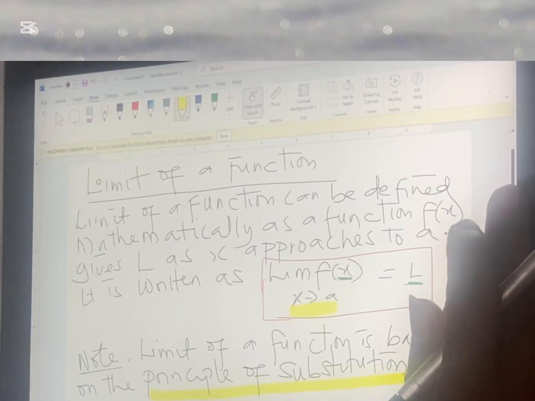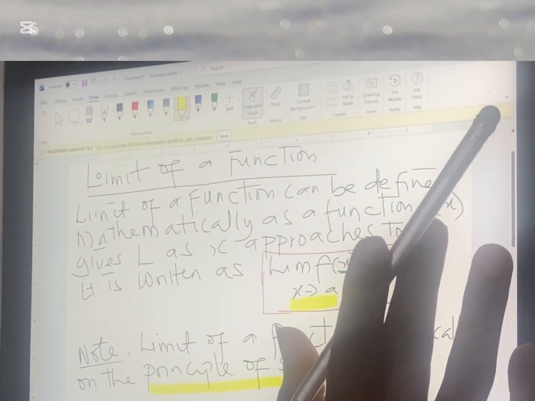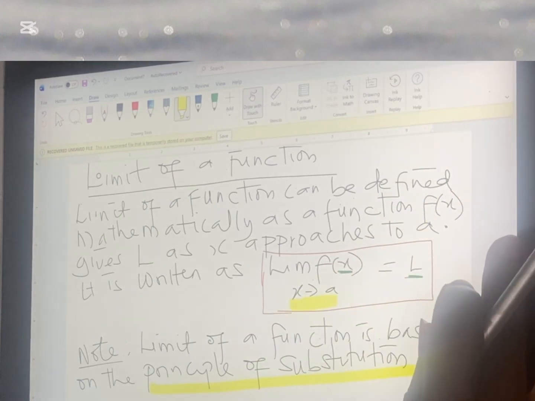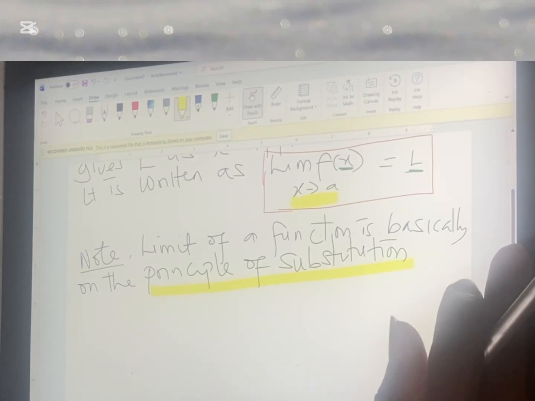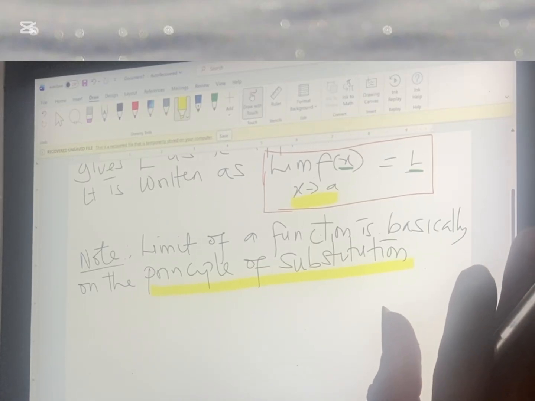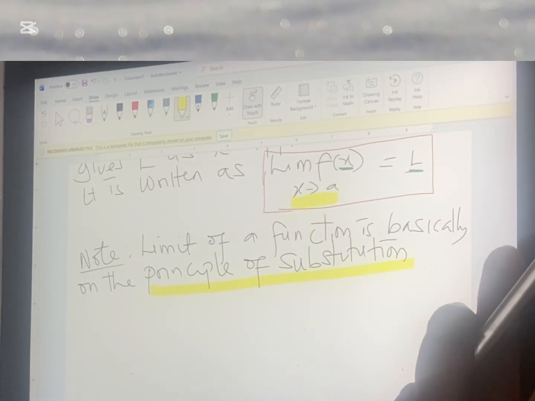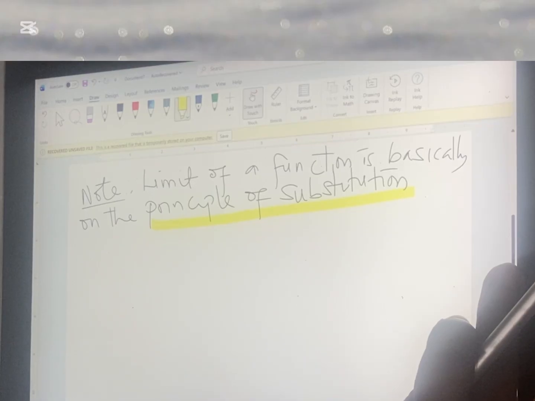Remember, the first thing here is to know what limit of a function is, and we represented the mathematical definition of it. The next is to take a note to know the base of limit of a function, and it is basically on the principle of substitution.